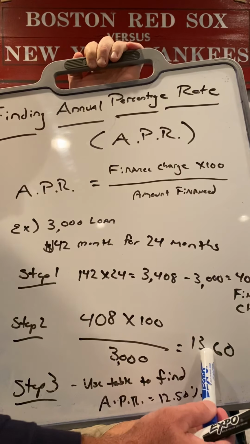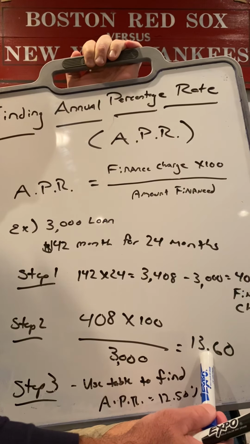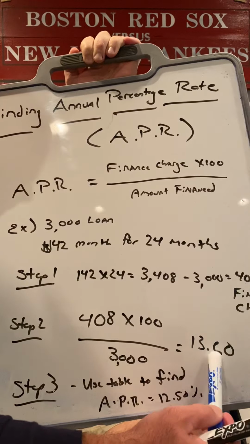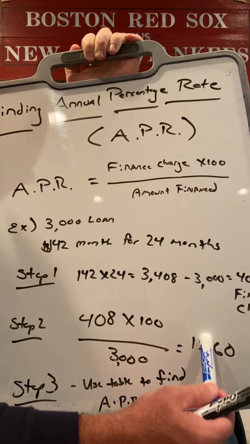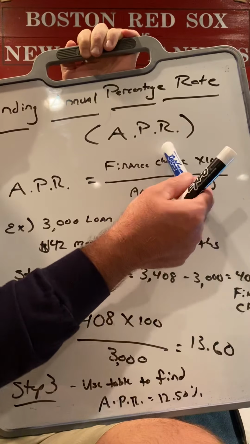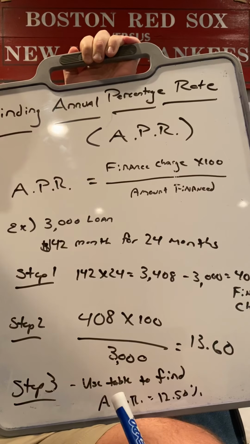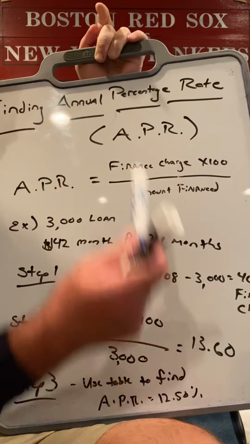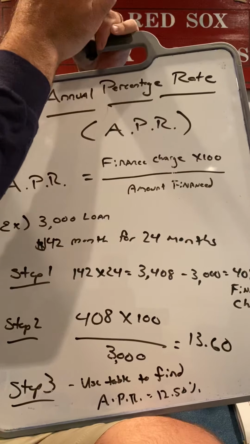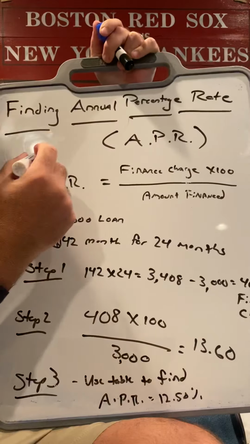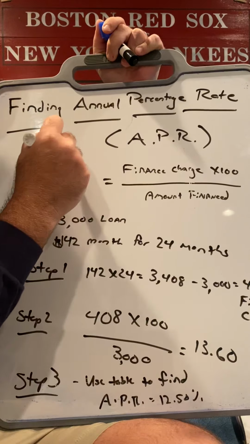And I believe that number was 13.54. So the number closest to 13.6 was 13.54. And when you go up to the top of the table, the percentage that you find is 12.5%. So what we're saying for this problem is that was the annual percentage rate. Okay, that is our answer.